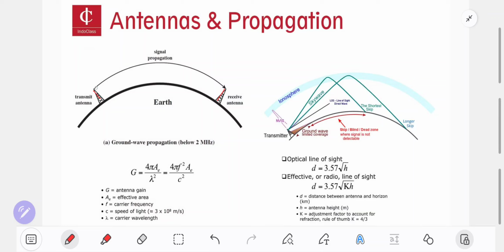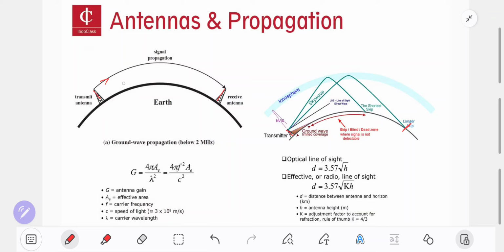This is a source of signal. If you see on the right side, you can see on this antenna, and on here also an antenna for receiving signal.